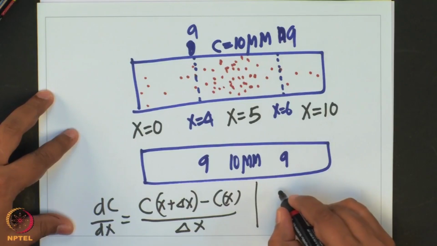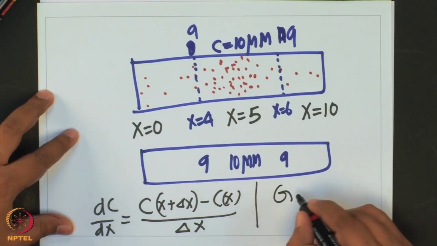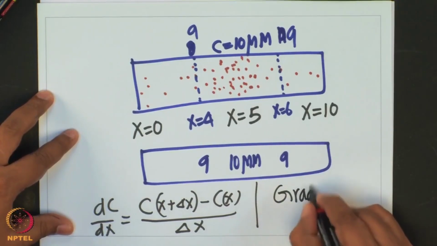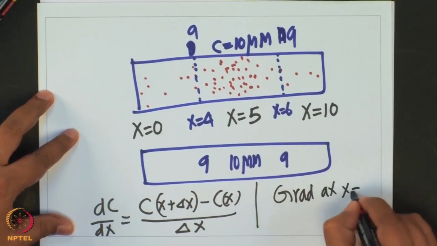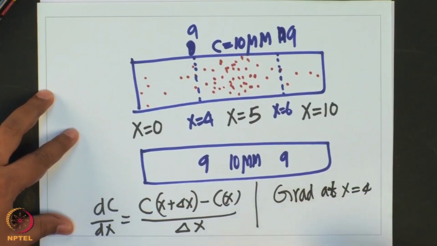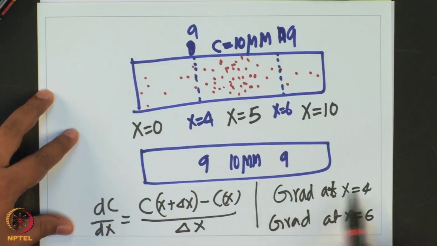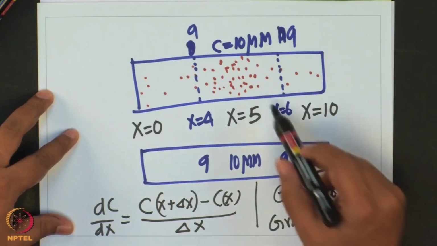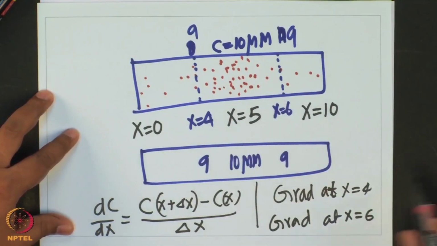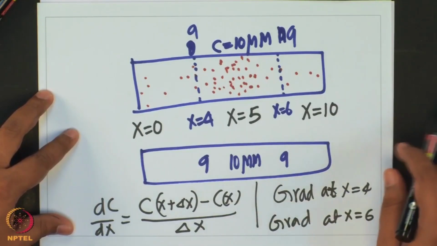We are going to calculate the gradient at x equal to 4. Then we will calculate the gradient at x equal to 6. And the flow at these two regions and the direction of this flow we will compute. So this is what we are going to do. We are going to calculate gradient at x equal to 6 and gradient at x equal to 4. And let us see what we would get.